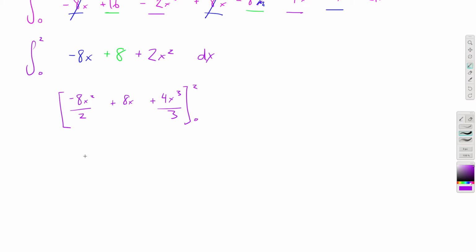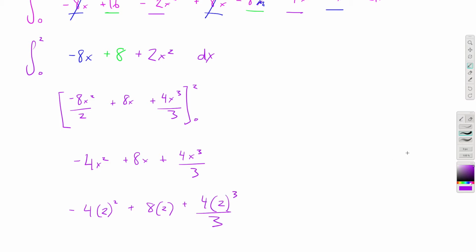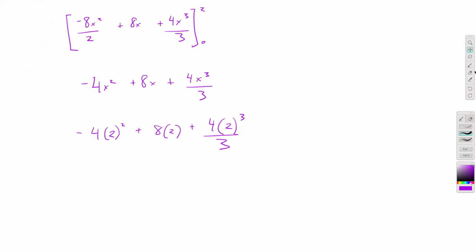So this is going to give you negative 4x squared plus 8x plus 4x cubed on 3. You sub 2 into this, so you're going to get negative 4 times 2 squared plus 8 times 2 plus 4 times 2 cubed on 3. You don't have to worry about putting that 0 in, because you're just going to get 0 out.